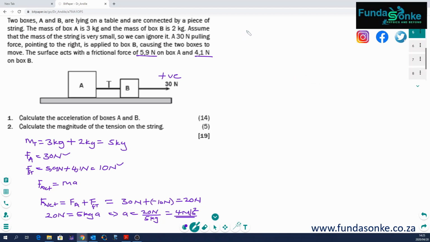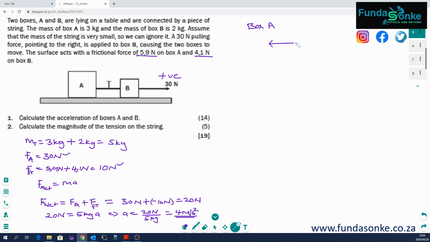In our case, we can consider box A. However, I can also solve this by considering box B. So if you consider box A, we'll look at the forces that are acting on box A. If we decide to use the free body diagram to describe those forces, we're going to have a frictional force which is acting to the left like this.